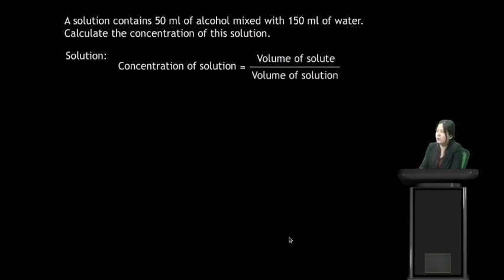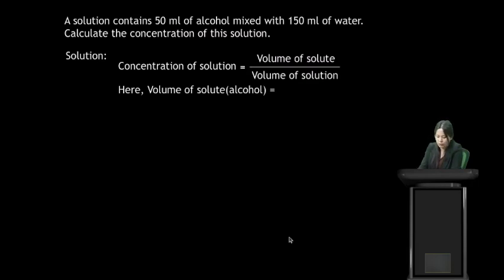Another example we can take is a solution that contains 50 ml of alcohol mixed with 150 ml of water. Calculate the concentration of this solution. In this case we see that both solute and solvent are liquid. So concentration of solution is given by volume of solute by volume of solution.